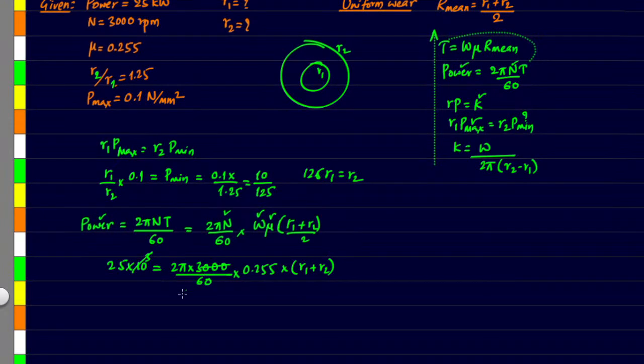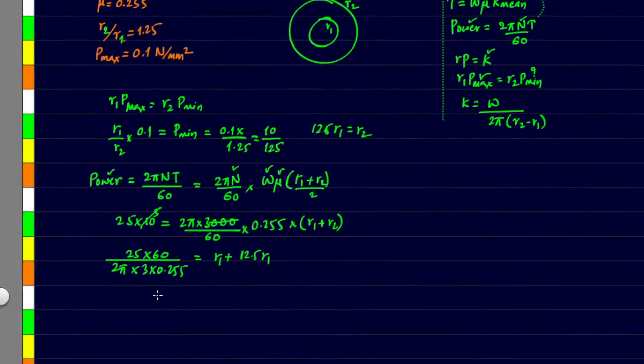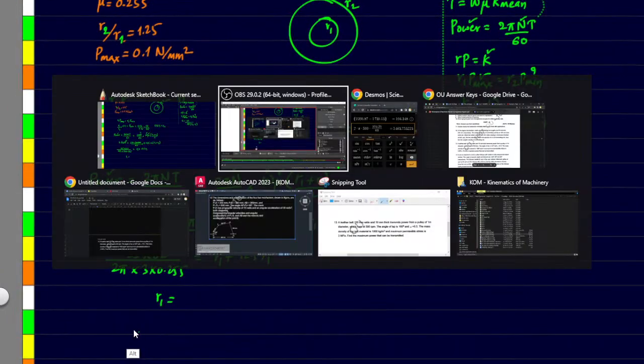So this will cancel. So 25 into 60 divided by 2 pi into 3000 into 0.255. This is equal to R1 plus 12.5 R1. So R1 value we will get here.